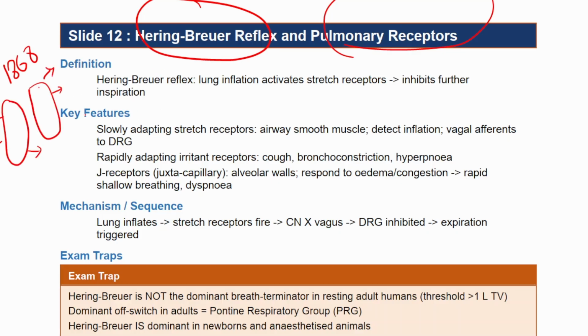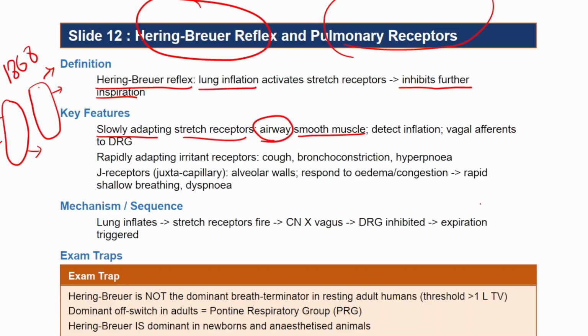This is the Hering-Breuer inflation reflex, and it is mediated by slowly adapting stretch receptors in the smooth muscle of the airway, like the bronchus or trachea.